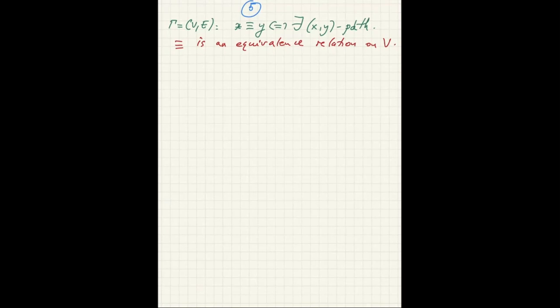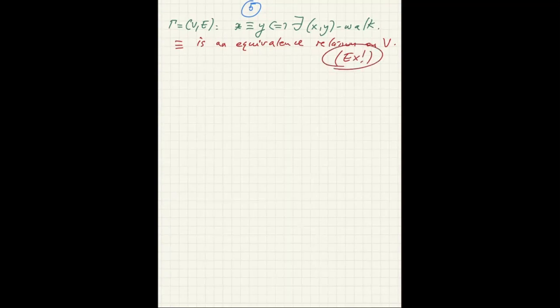It may be easier to change this definition to there is a walk. It makes it easier to prove transitivity, because in transitivity you have a walk from X to Y, then you have a walk from Y to Z. If you just concatenate these two walks, you get a walk from X to Z, and you're done. So this is an equivalence relation. Again, I leave you as an exercise to figure out the details.